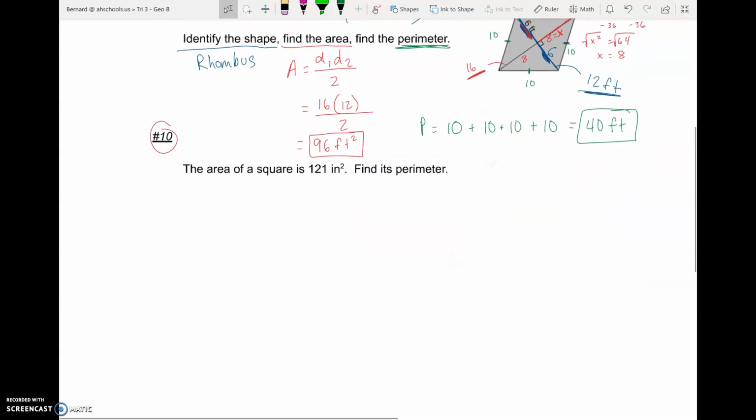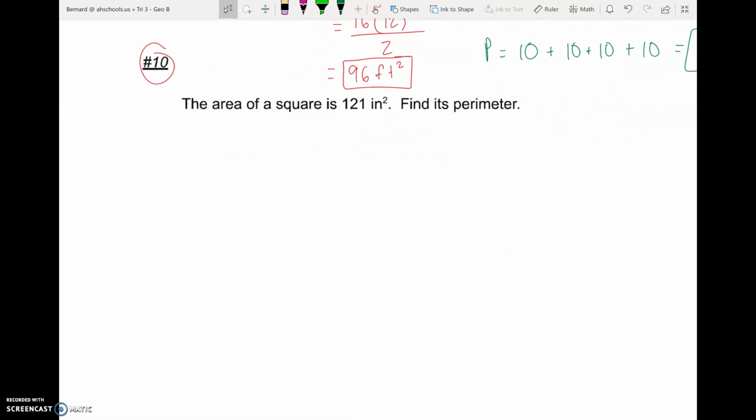All right, last one is a working backwards problem. So we have a square, and it tells us the area. And that's it. And we got to find the perimeter. And so here we go. Draw this square. Remember, in a square, we have 4 right angles and 4 sides are the same.